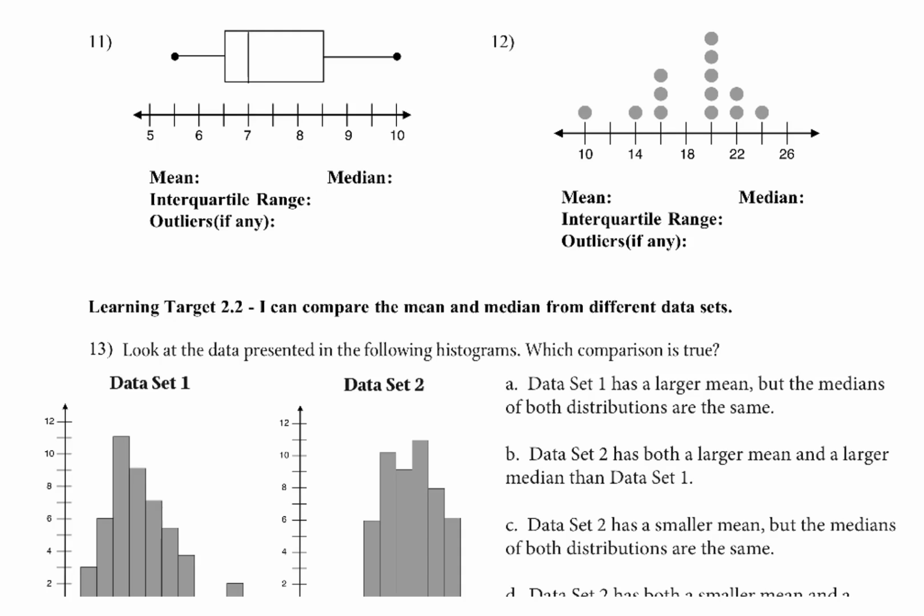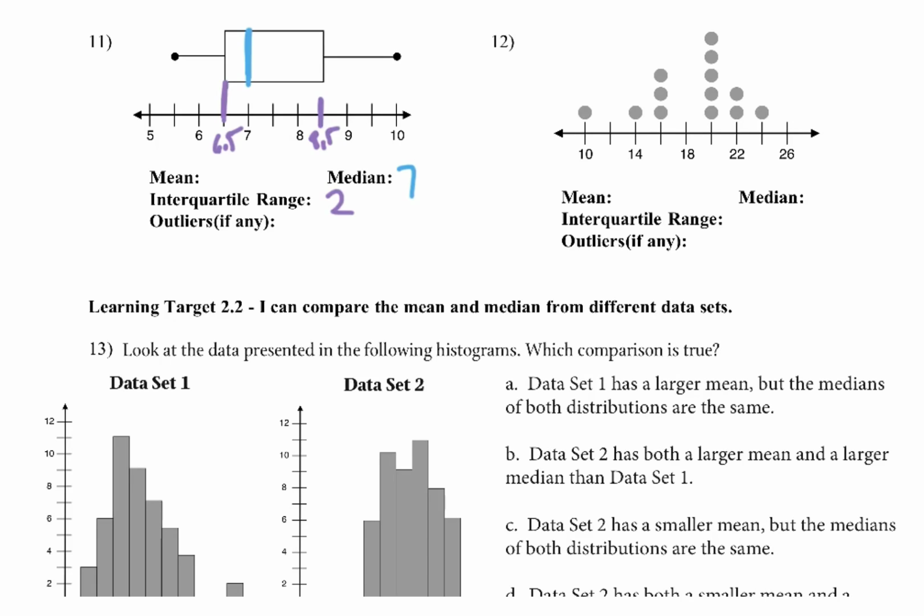All right, number 11. This one's even easier to see because we've got a box and whisker. So our median here is this one, so that's going to be 7. Our interquartile range, okay, we're going from 6.5 here, which is our first quartile, to 8.5 here. So 8.5 minus 6.5 is 2.